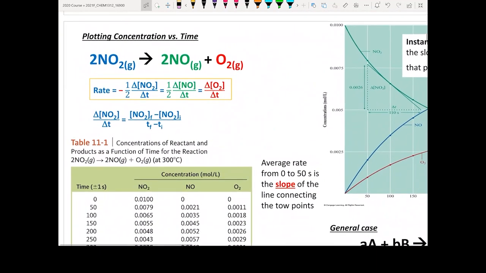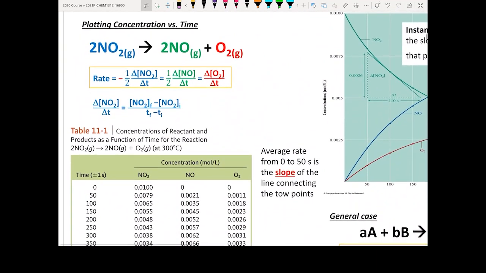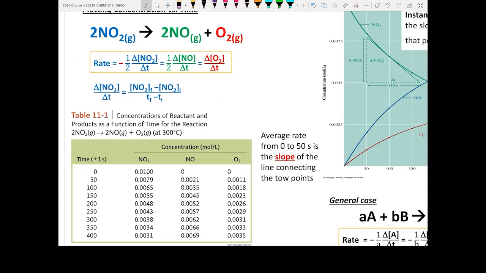Here is another example. 2NO2 is going to decompose to 2NO plus O2. So here, what is your reactant? NO2, right? What is your product? This is a very important concept. Every time you see an equation, for this class, make sure you know who are the reactants and who are the products.